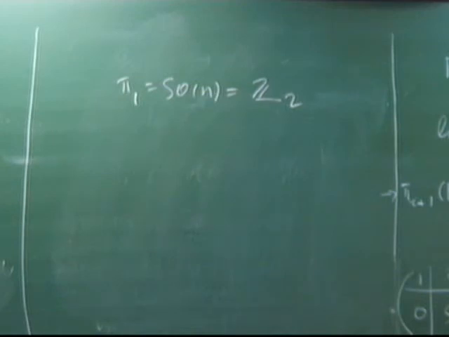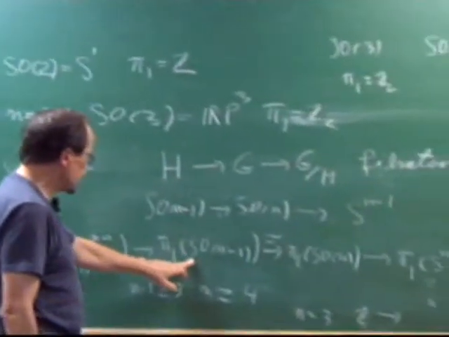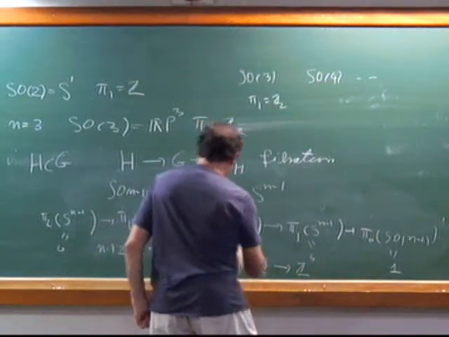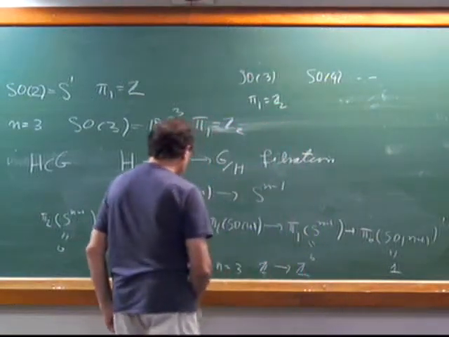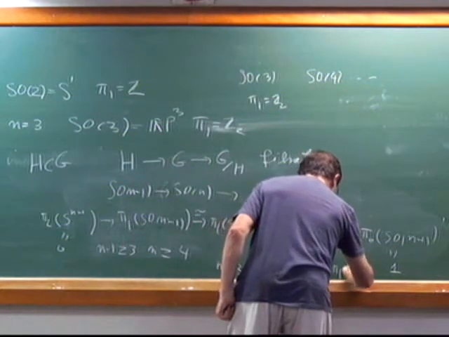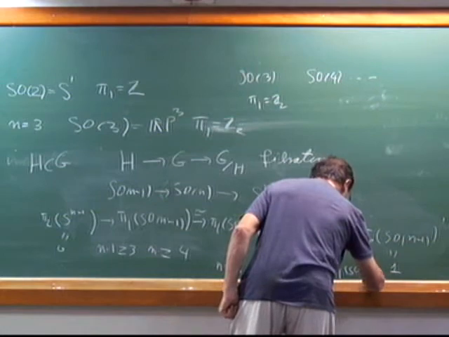For this, we can look at the sequence maybe for n equal to 3. So what happens when n is equal to 3? Pi 2 of S2, I get Z. Pi 1 of SO2 is also Z. Pi 1 of SO3, that's my Z2.